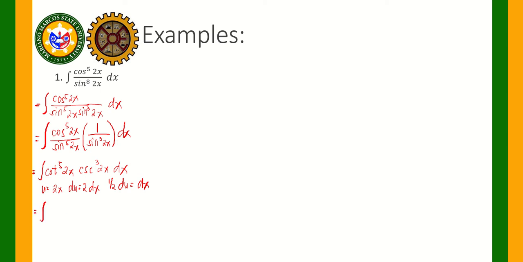So we can rewrite this as cotangent 5u times cosecant cube u times 1/2 du. So we can isolate the constant and we will be left with cotangent 5u cosecant cube u du. Now our m is 5 and n is equal to 3.